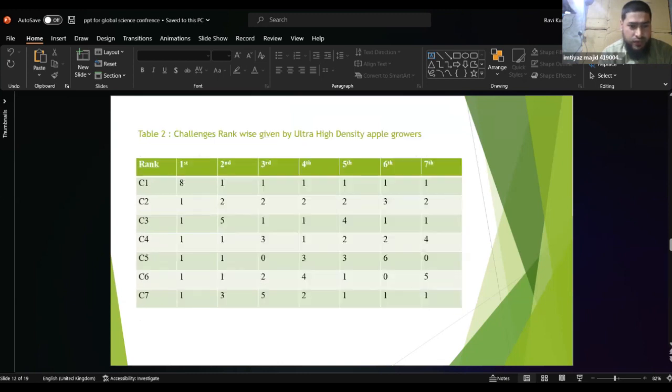After surveying, we have found the data.